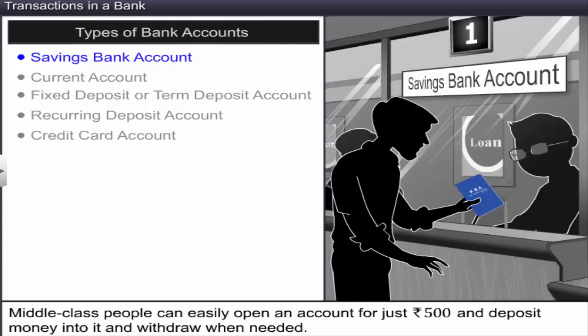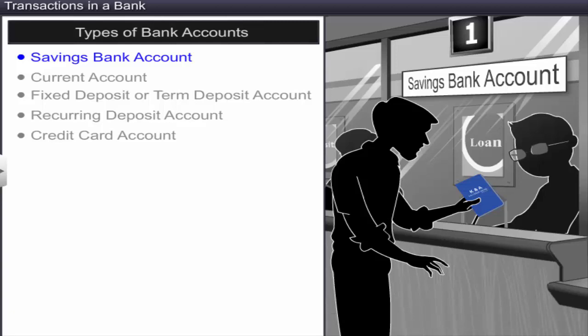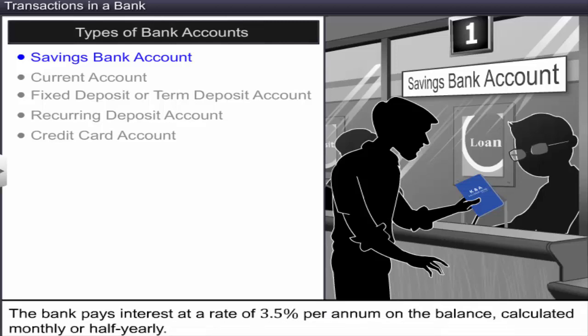However, there is a limit on the number of withdrawals that you can make every 6 months. The bank pays interest at a rate of 3.5% per annum on the balance, calculated monthly or half-yearly.